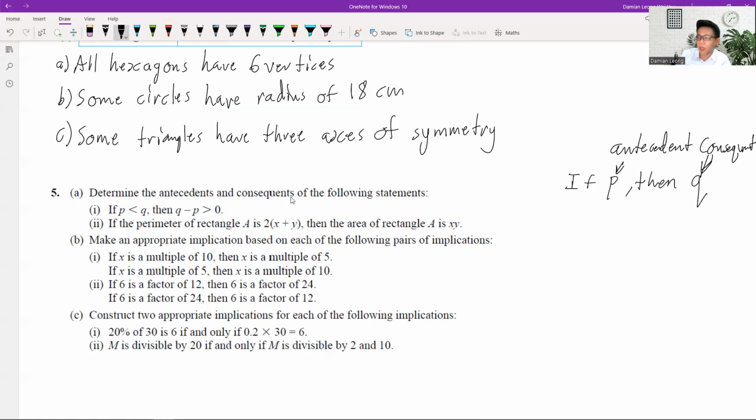Like, say if I work out every day, then I will get fit, or I will build muscles. If I work out every day, then I will build muscles. So that is the antecedent and consequent.